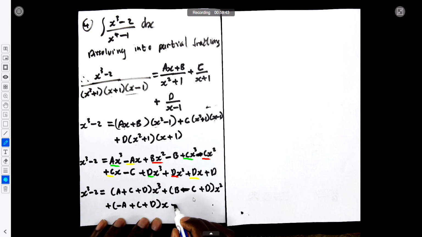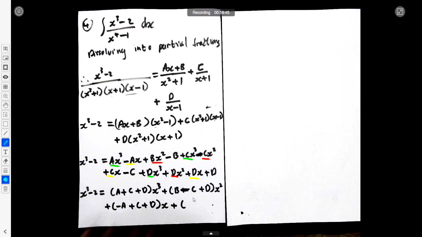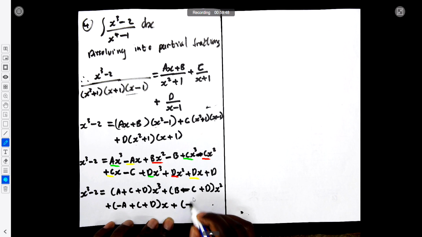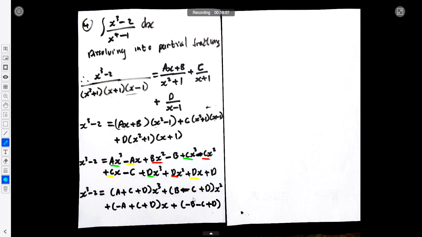Then the constants, we group them together. So let us check the ones that we didn't highlight: it is minus B. And then let's follow negative C. And that we didn't highlight, therefore plus D. So those are the constants there.